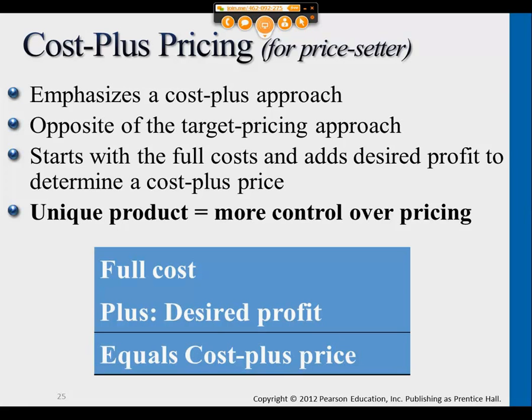You remember how last time we went to the market, we surveyed and we saw what our customers, our competitors' customers, are trying to pay. So we asked the market, what should be the price? Now we're going to say, well, this is my cost, and this is what I want as a profit, and this is how I'm going to come to the price. Do you see the direction is different?